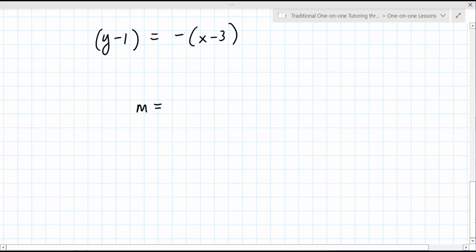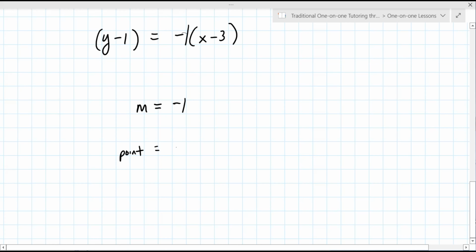What is the number that goes here that is not written? 1. Negative 1. Okay, and again, we don't need to get into why, but you have to know that if the negative is there, it really means negative 1. So what is the slope of this? Negative 1.